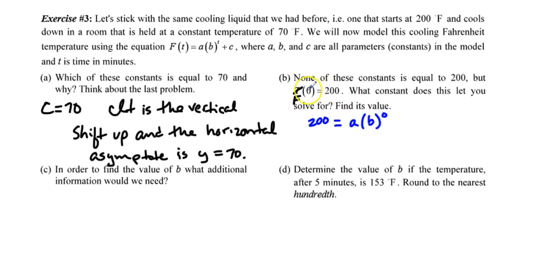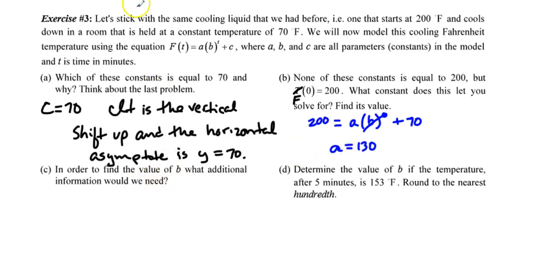We do know when time is 0, that's the exponent, and we happen to know what C was, right? 70, we just found that out over here. So we can solve this, because B to the 0, that's just a 1, right? So we have A times 1 plus 70. Well, the only number that makes sense there is 130, right? 130 plus 70.